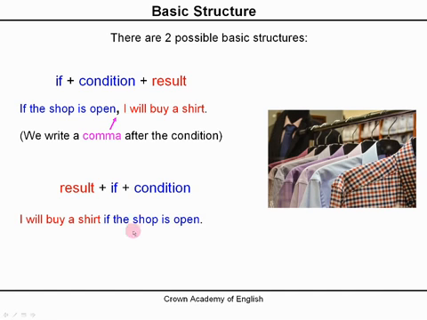And this means exactly the same as this. Okay? So the meaning is the same. We are just saying it in a different way. And very important, when we choose this structure, we do not write a comma. Okay, we do not write a comma.